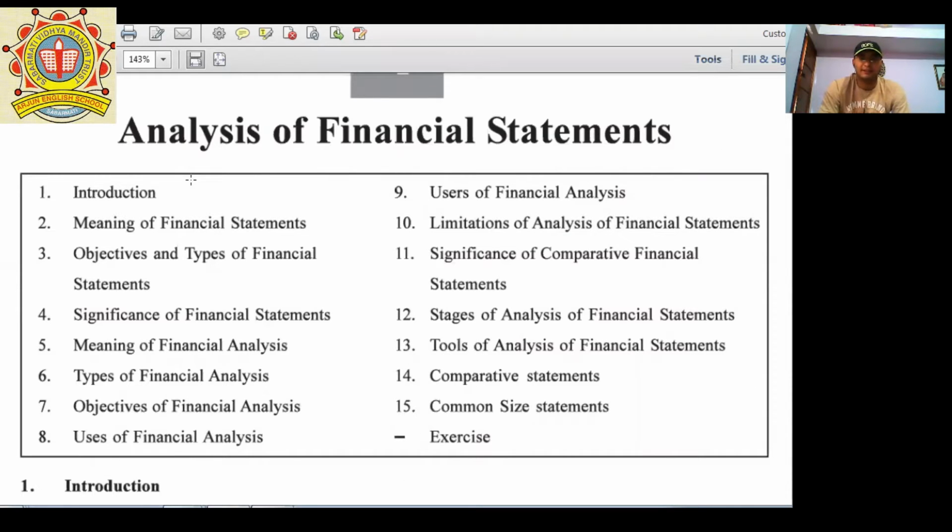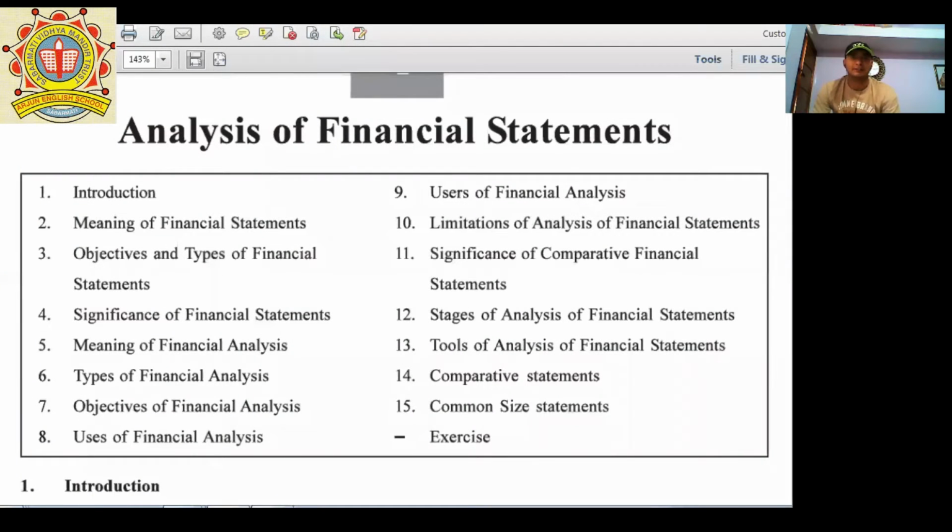Today in 12th standard, I am going to start a new chapter in part 2, chapter number 4, that is analysis of financial statements. This chapter can be asked in the exam for 5 marks.